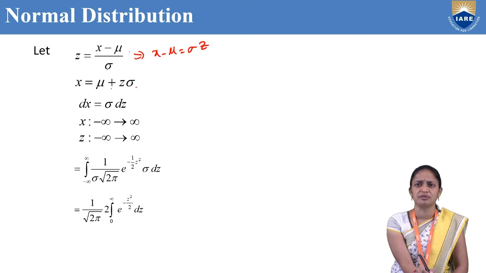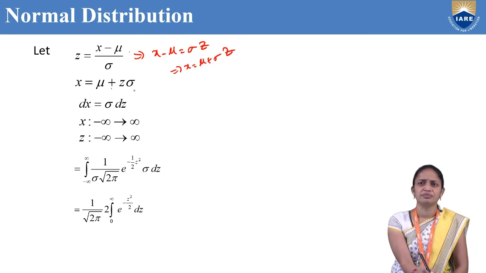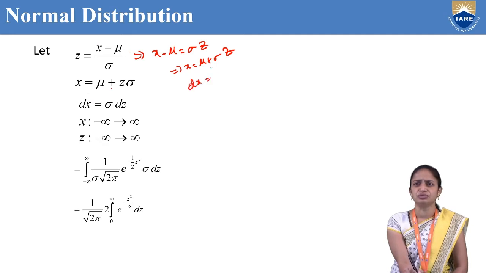Differentiating, mu is a constant so its differentiation is 0, and we get sigma into dz. So dx equal to sigma dz.